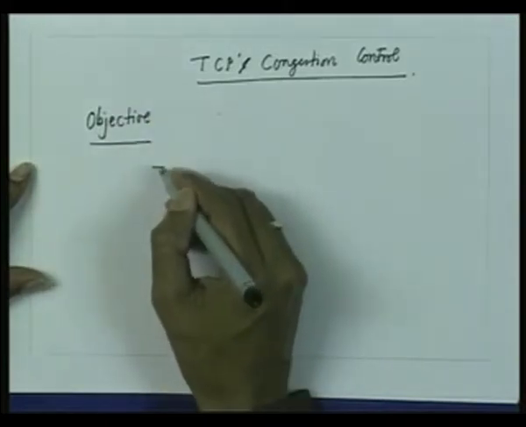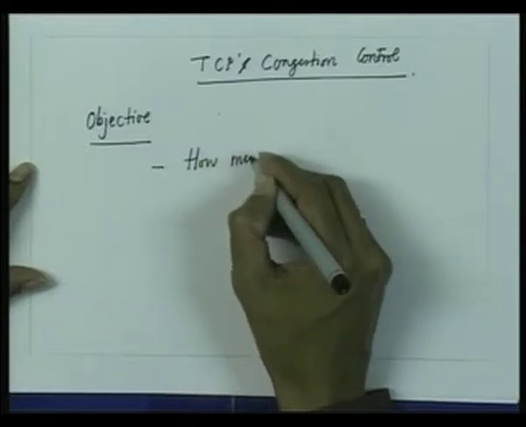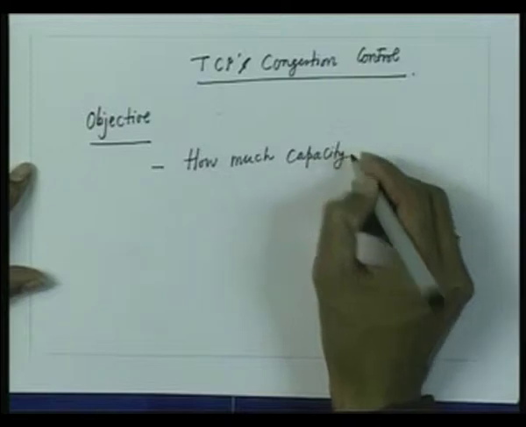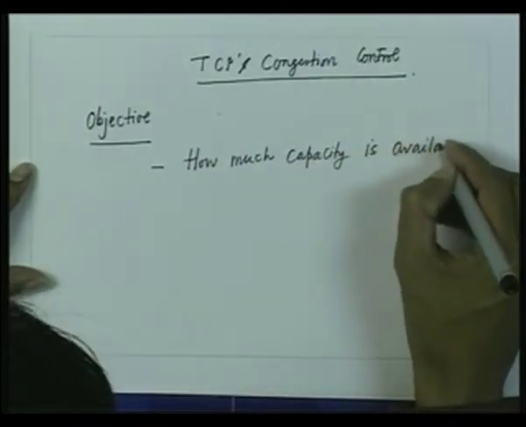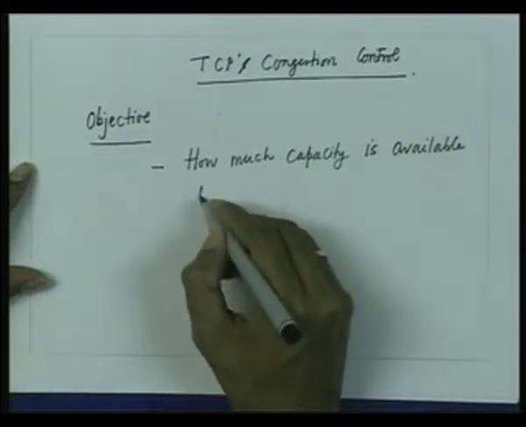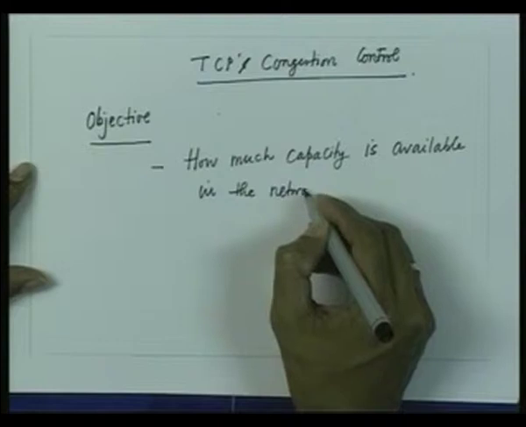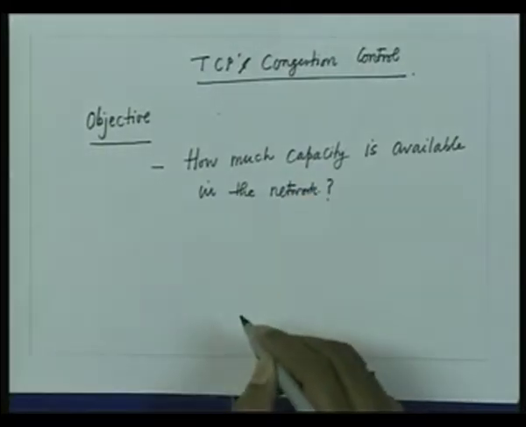It tries to determine how much capacity is available in the network. Okay.